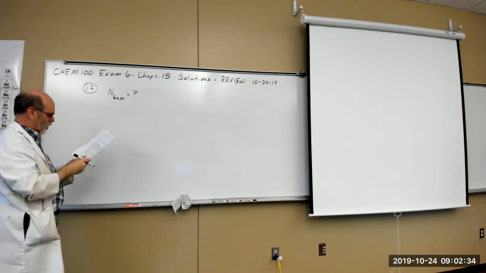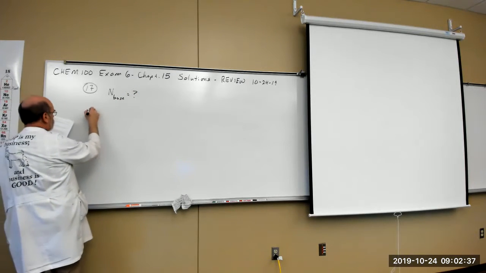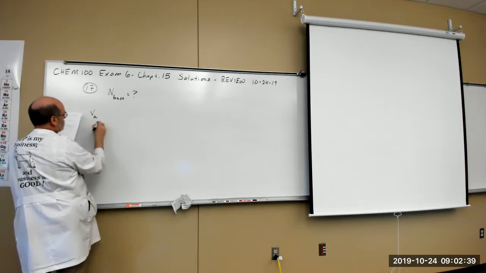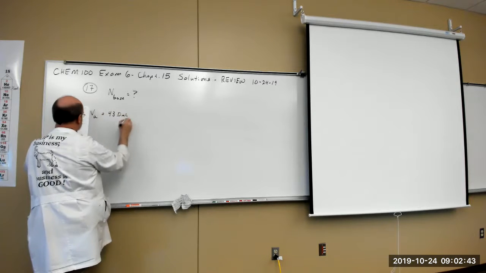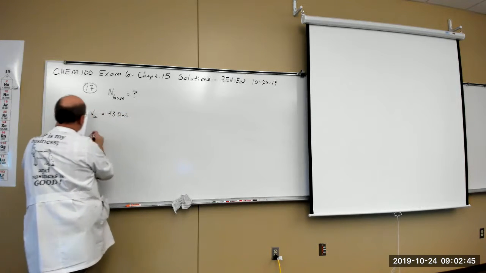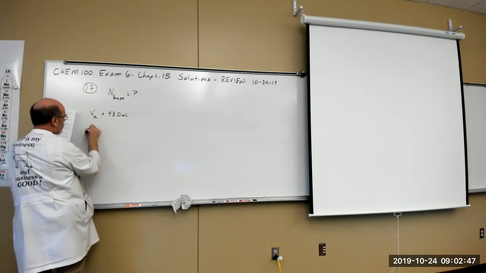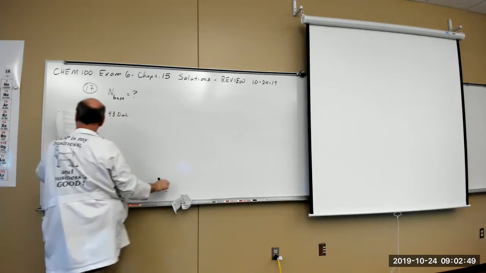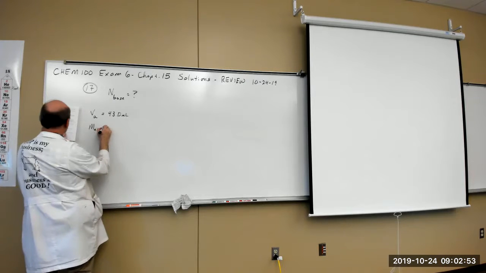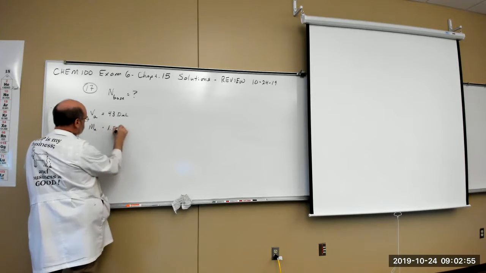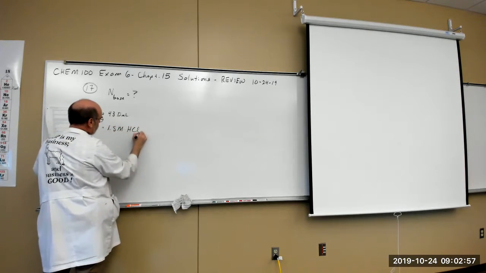What are we given to work with? We're given a volume of acid of 93.0 milliliters and a concentration or a molarity of the acid, actually. Yes, the molarity of the acid is 1.8 molar HCl.